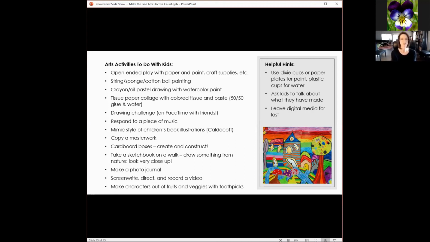First of all, I just want to mention that open-ended exploration is the best way to get your kids involved with art and with creative projects. If you can just give them paper and paint, and you probably know this already, but you can just give them craft supplies. You can give them construction paper and scissors and glue, and just let them have the freedom to make a mess.